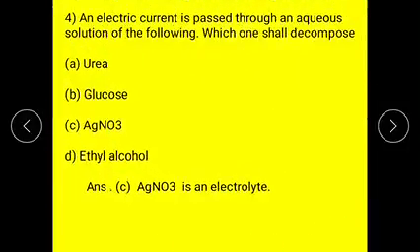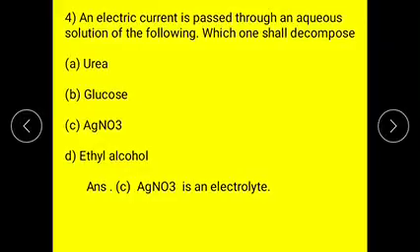Question number 4. An electric current is passed through an aqueous solution of the following, which one shall decompose? A. Urea, B. Glucose, C. Silver nitrate, D. Ethyl alcohol. Here the right answer is silver nitrate.